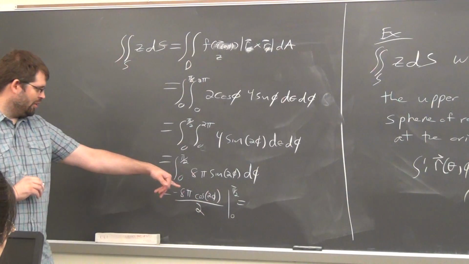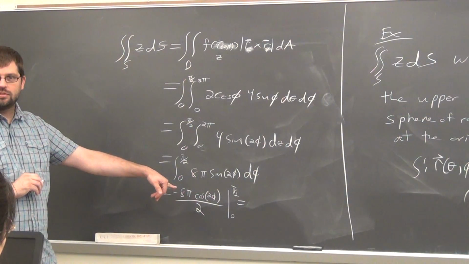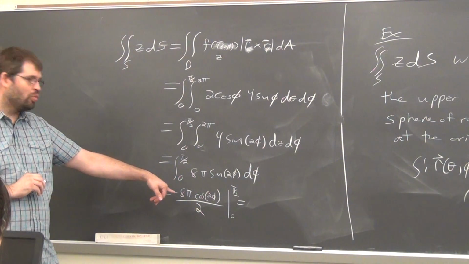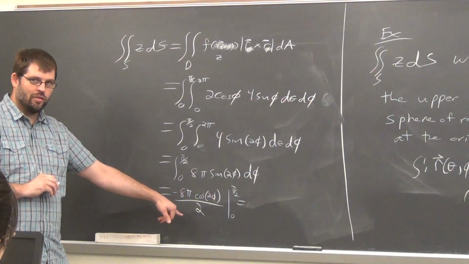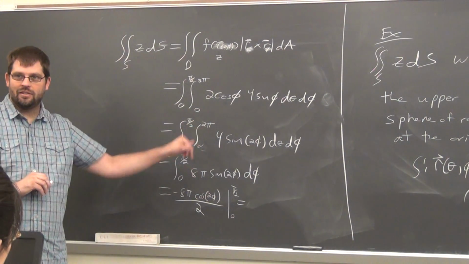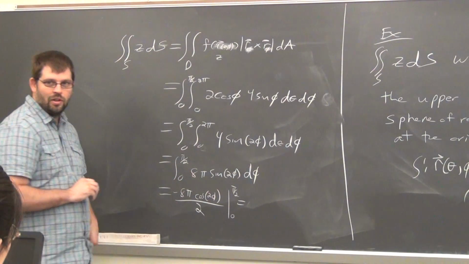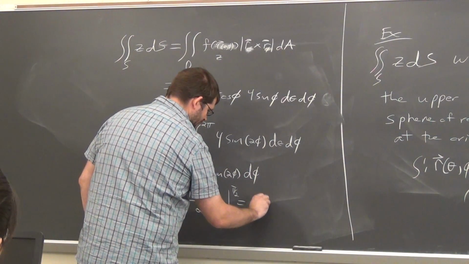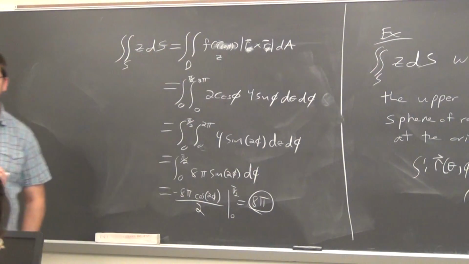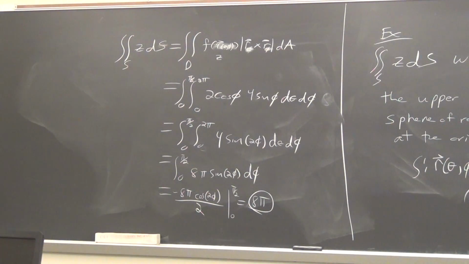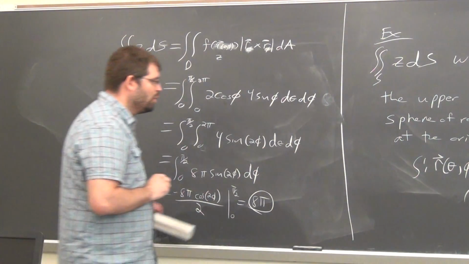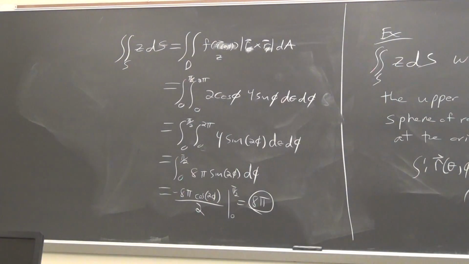So when you plug it in, you get cosine of pi, which is negative 1, and so it'll be 8 pi over 2 minus a negative, so it'll be plus another 8 pi over 2 when you plug in the 0. So I think you should just get 8 pi. Okay? All right. Any questions so far on that one?